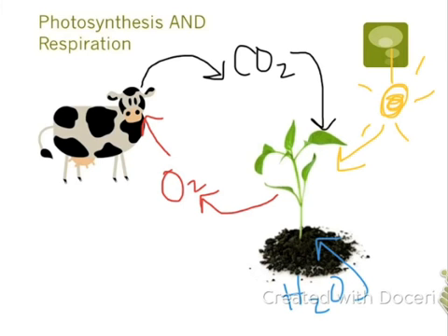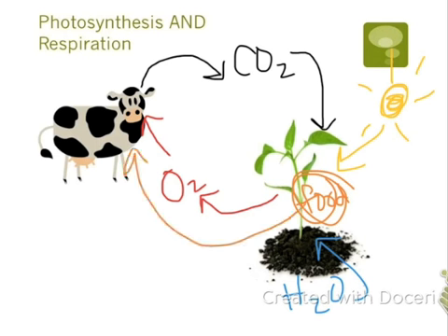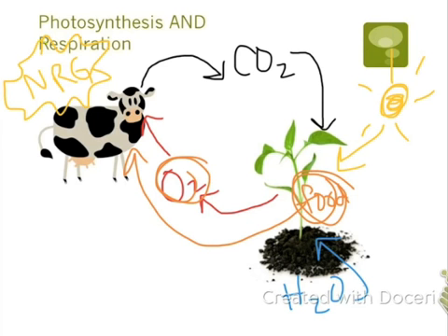And all of that is to make food for the plant, called glucose. That cow might then eat the food and use the oxygen in order to produce carbon dioxide and energy for the cow.